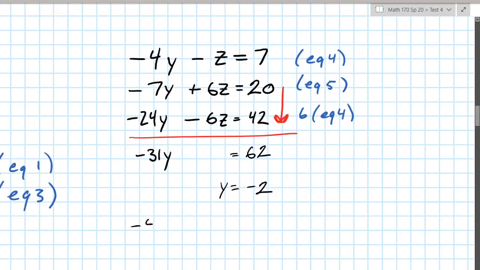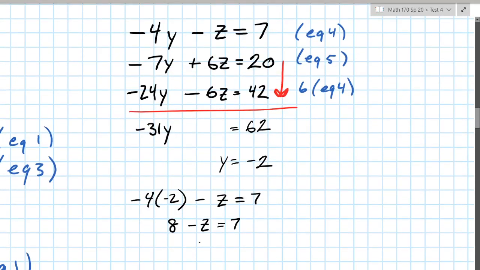So I have negative 4 times my y, which is negative 2, minus z equals 7. Now we have to solve for z. And it looks like I have an 8 minus z is equal to 7. So z equals 1.